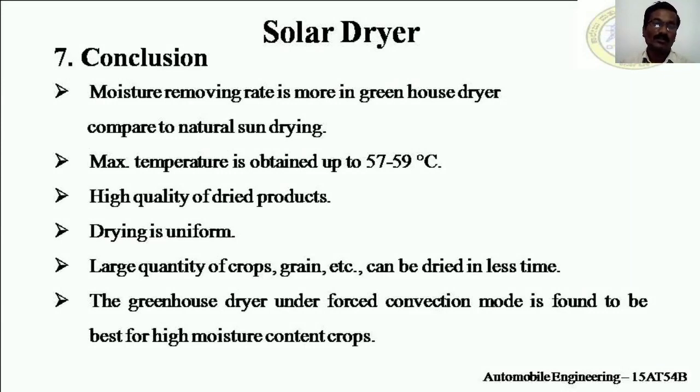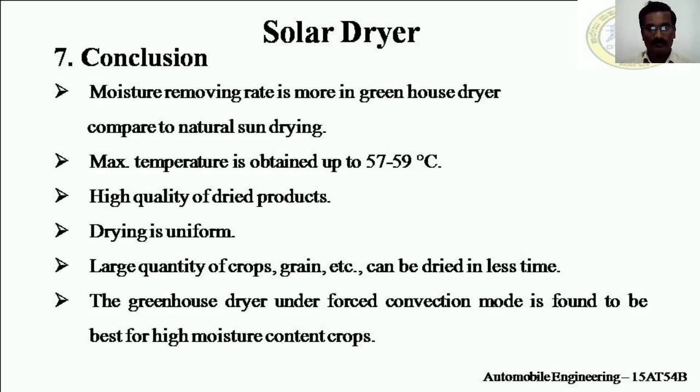So, the conclusion of the dryers, chapter 7. The moisture removing rate is more in greenhouse dryers as compared to natural sun drying. Maximum temperature goes up to 57 to 59 degrees centigrade. High quality of dried products may be maintained here.